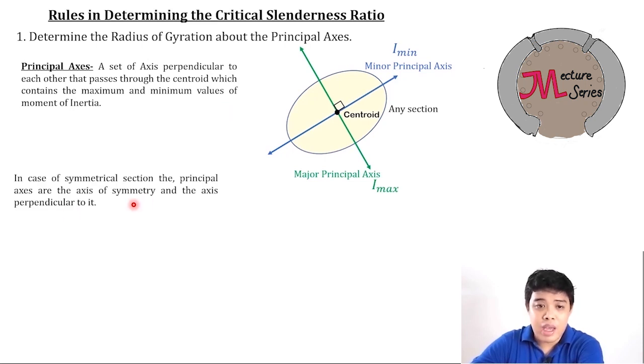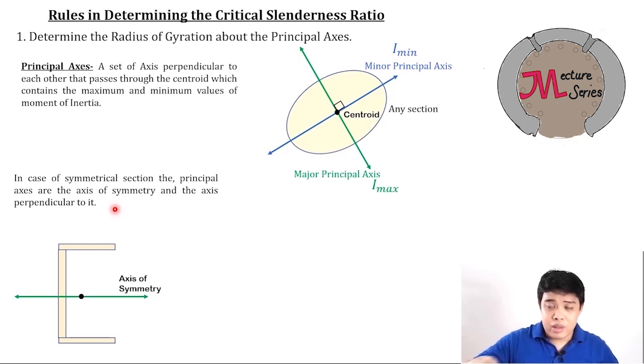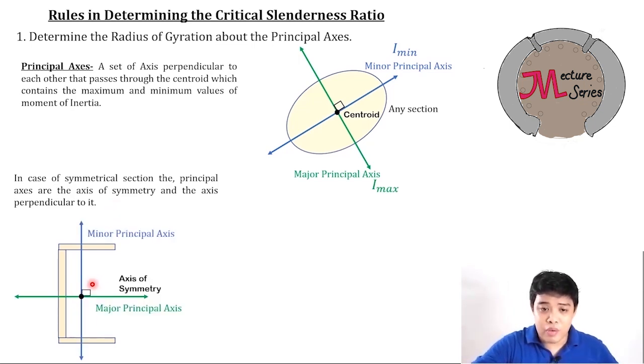Of course, in the case of a symmetrical section, the principal axes are the axis of symmetry and the axis perpendicular to it. So you're very lucky because you don't need to locate the principal axes if your section is just a symmetric section. Say, for example, you have a channel bar. This line is the axis of symmetry. The centroid will pass on the axis of symmetry. You form two perpendicular axes.